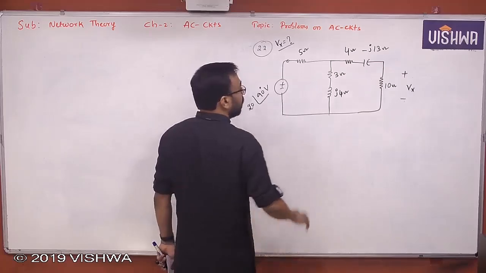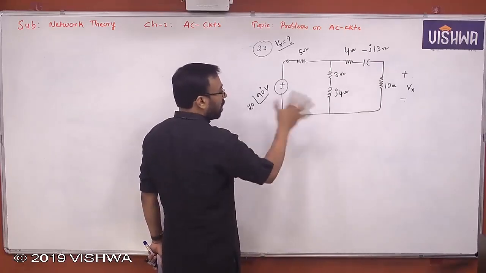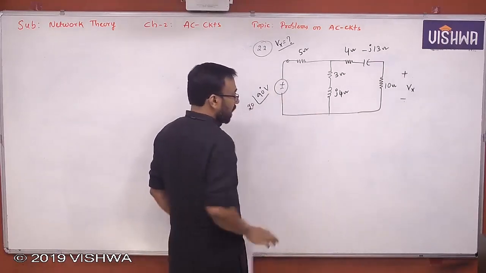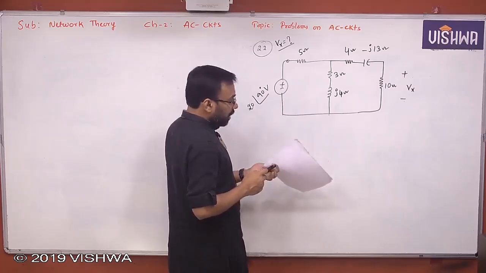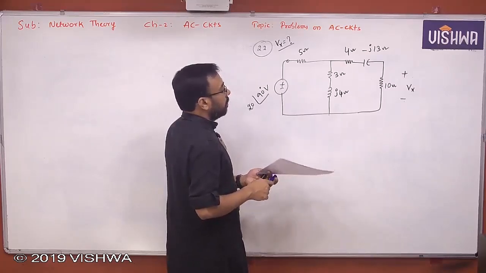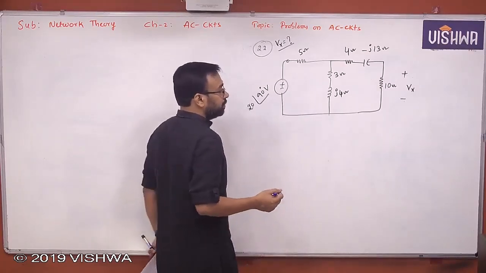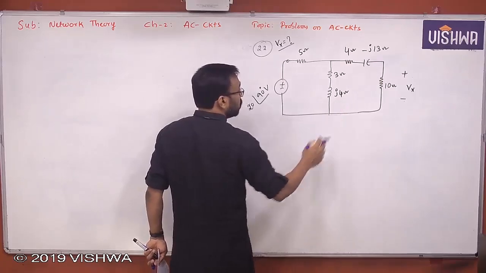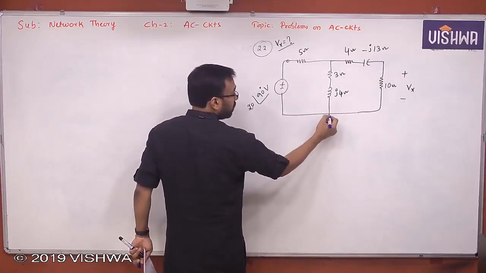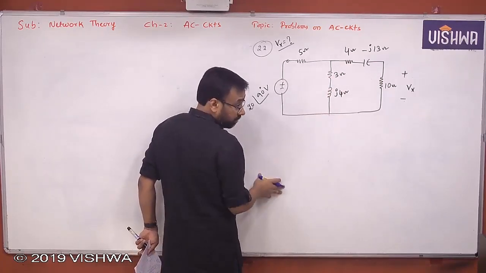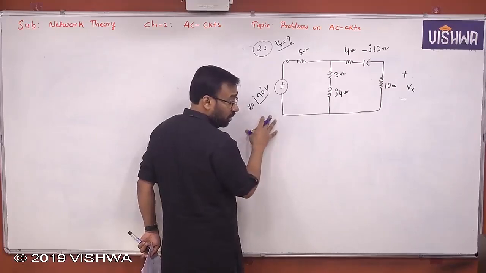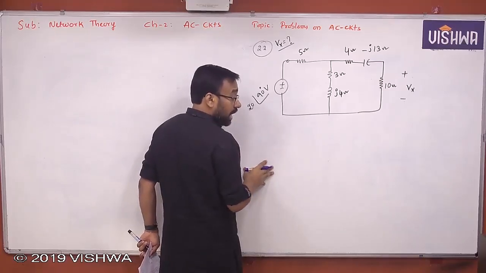Usually we call them RMS values. All are RMS values, 20 at an angle of 90 degrees. Now, coming to the Vx value here. When the circuit is a single source network, you can solve either using current division or voltage division.